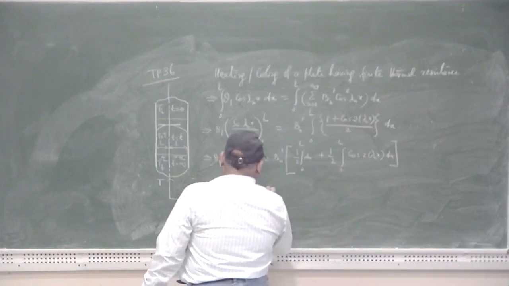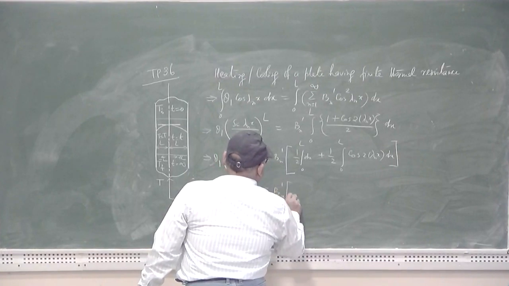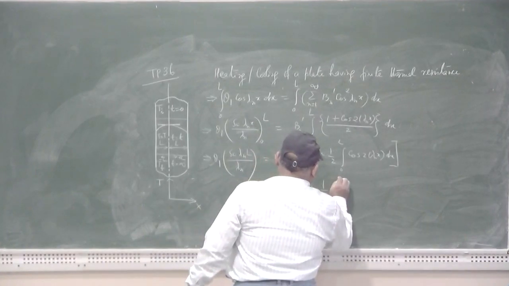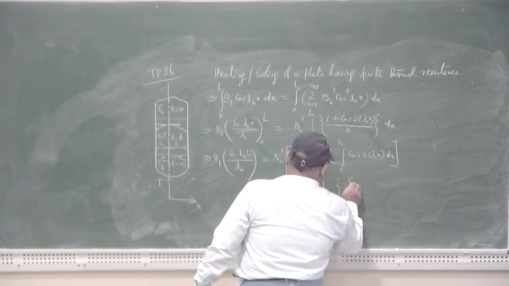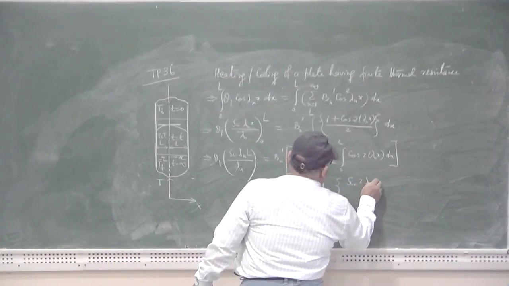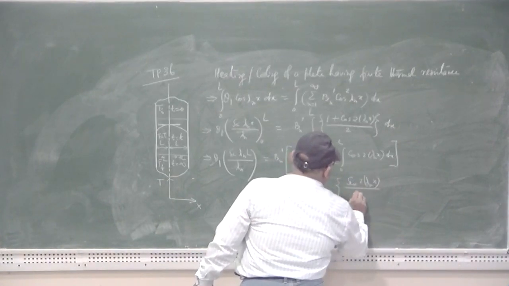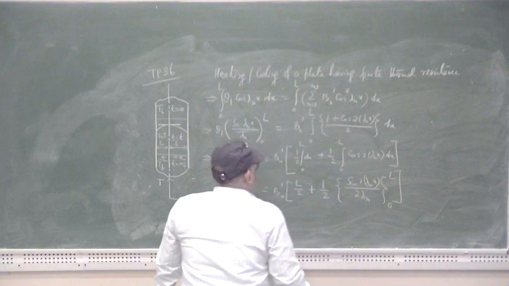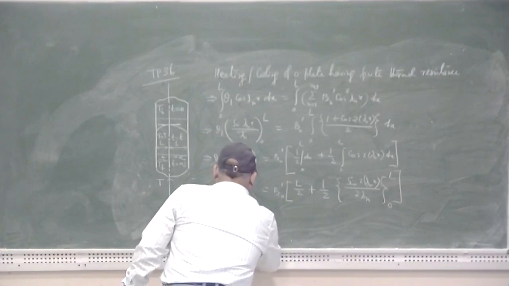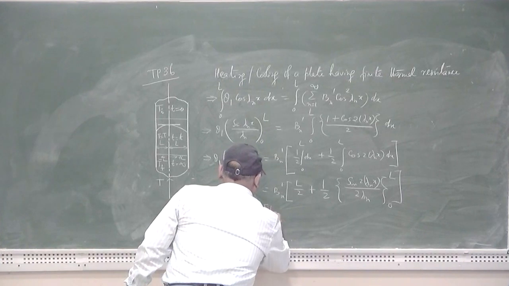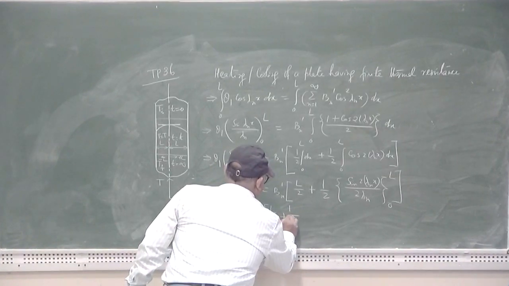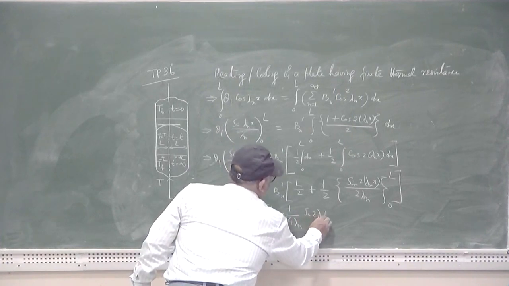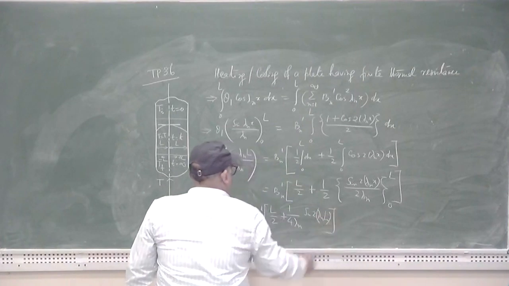That is equal to bn dash into L by 2 plus 1 by 2 into sin 2 lambda nx divided by 2 lambda n from 0 to L, which can be further written as bn dash into L by 2 plus half, 1 by 4 lambda n, sin 2 lambda nL into 0.